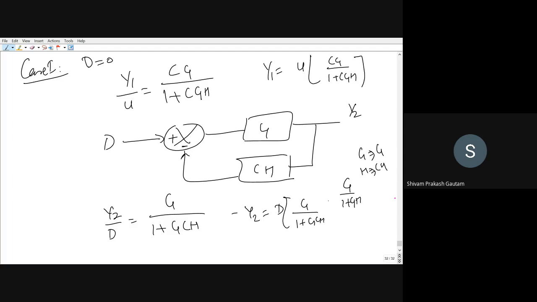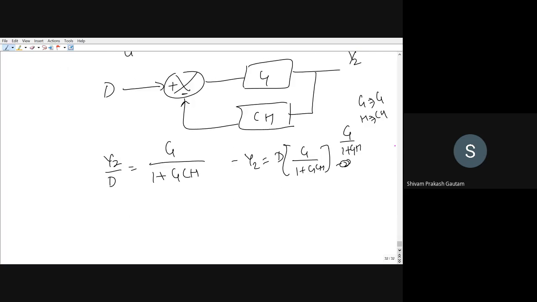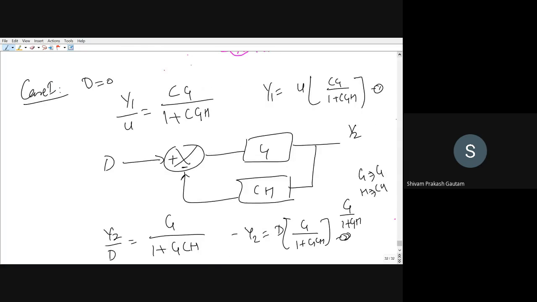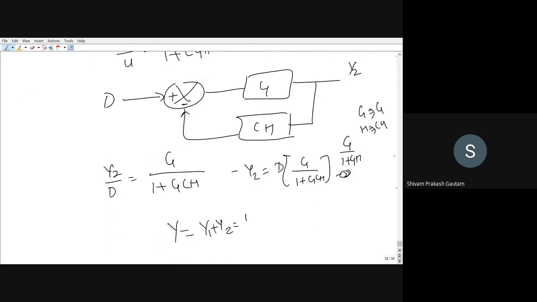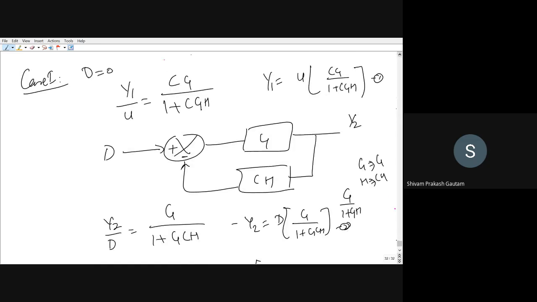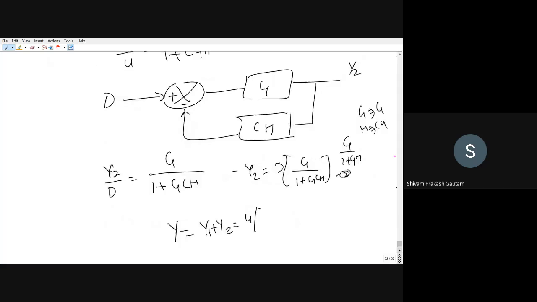Add equations 1 and 2 and you will get Y. So Y will be equal to Y1 plus Y2, that is, U multiplied by CG upon 1 plus CGH plus D multiplied by G upon 1 plus GCH. So we have calculated the value of Y.